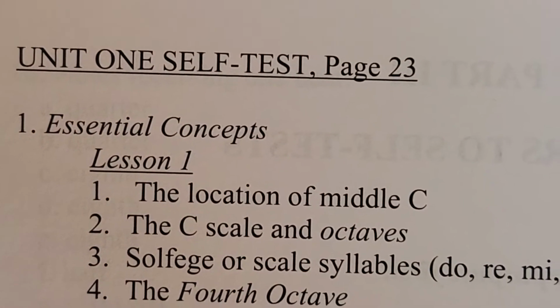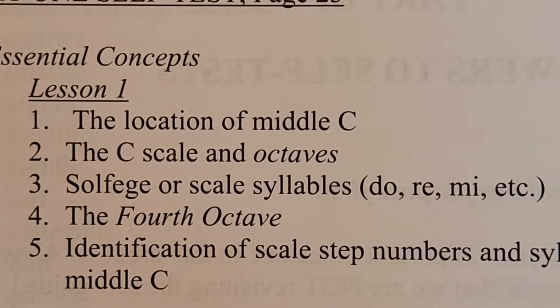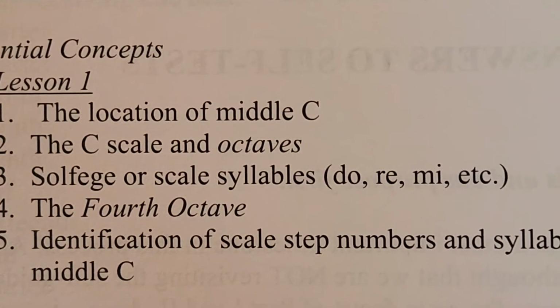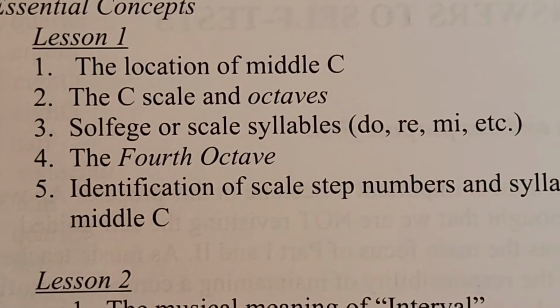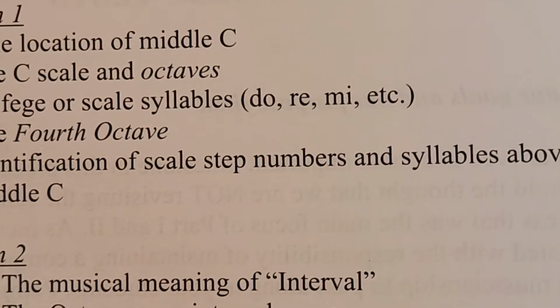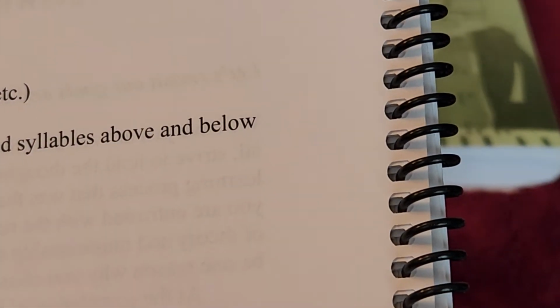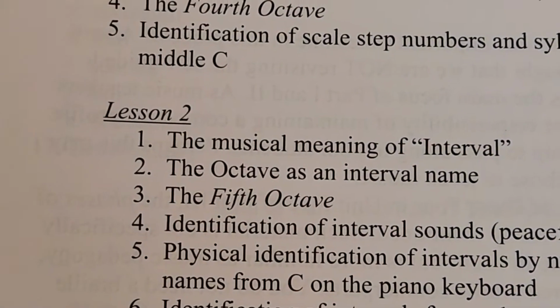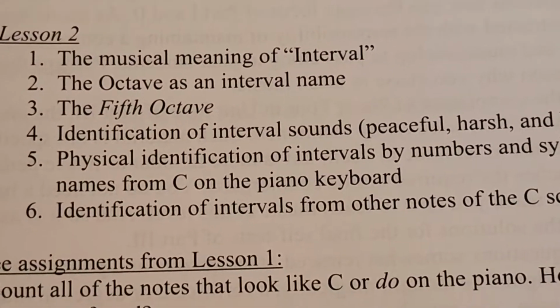So the essential concepts in Lesson 1: location of middle C, the C major scale and the octaves, and then solfege, and the 4th octave, and identification of scale steps, numbers, and solfege above and below middle C. And then lesson 2 covers all of that.